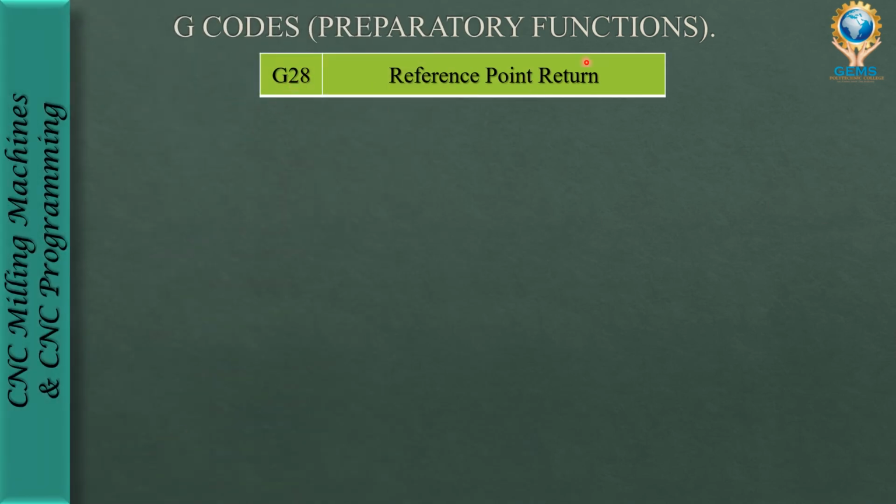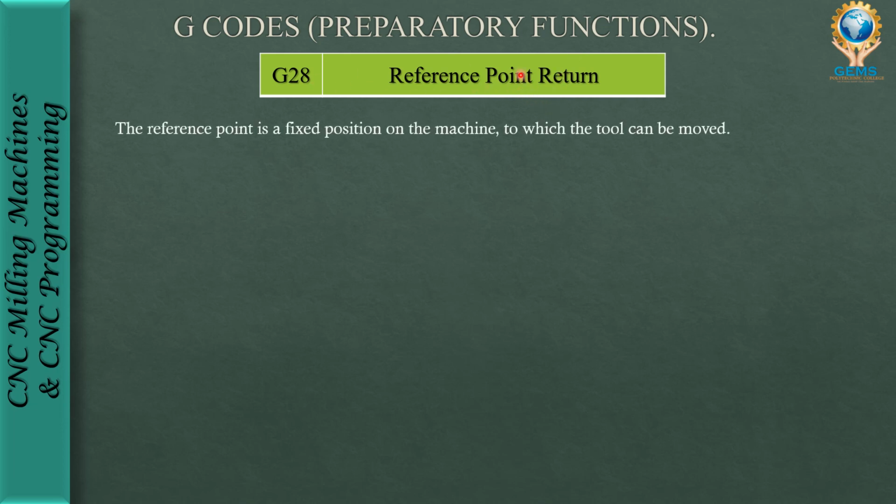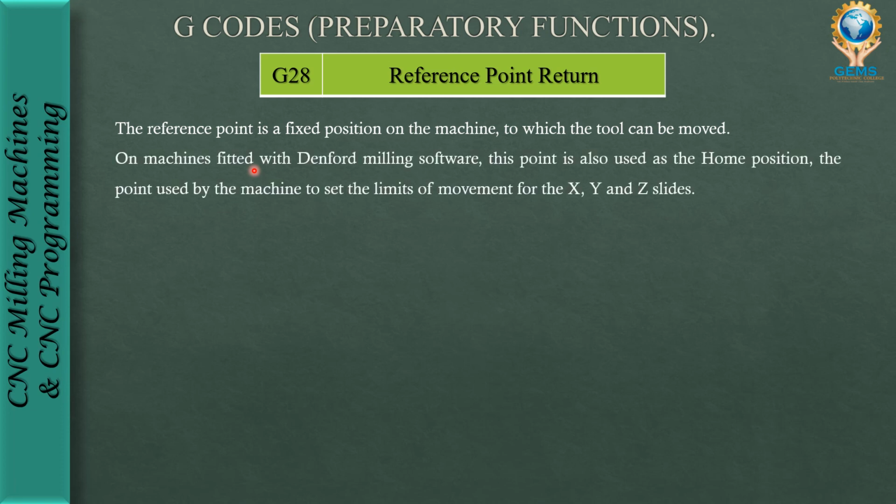Okay, G28. We are mentioning G28 as a reference point return. When you mention G28, it will execute the tool to bring it back to the reference point. On machines fitted with Denford milling software, this point is also used as a home position, and in most CNC milling machines this reference point is called the home position.